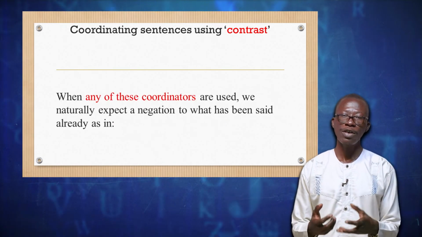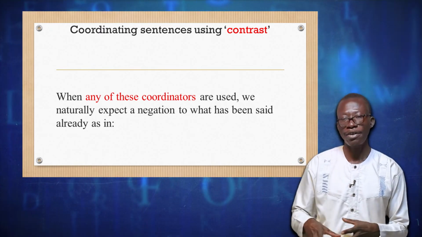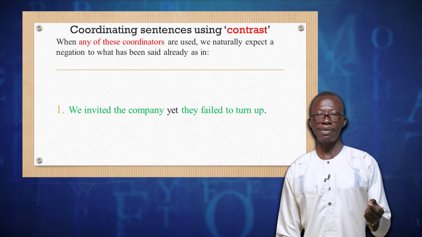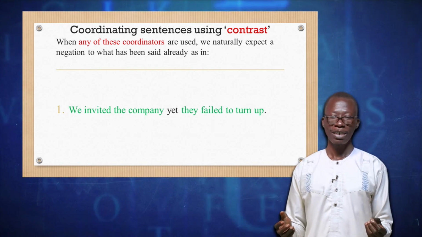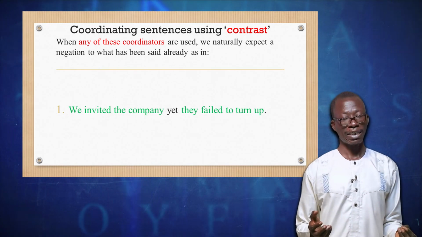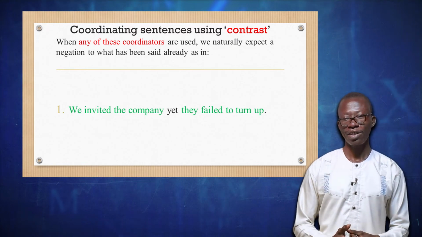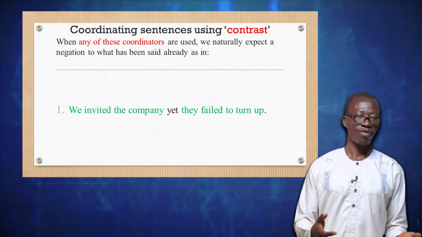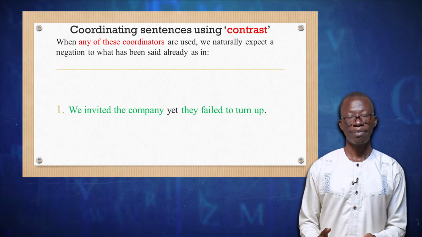When any of these coordinators are used, we naturally expect a negation of what has been said already, as in, we invited the company, yet they failed to turn up. So here you see, the natural tendency is that when you invite someone, the person should honor your invitation. But in this case, the company was invited, and the company didn't turn up.